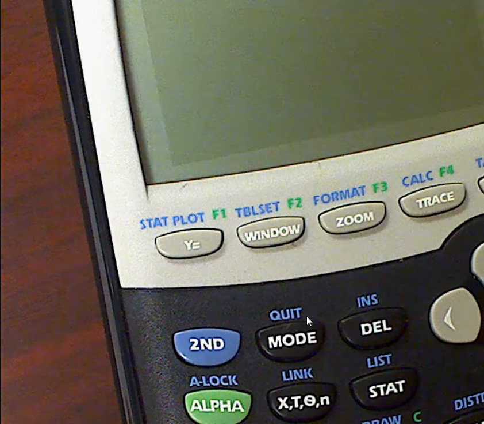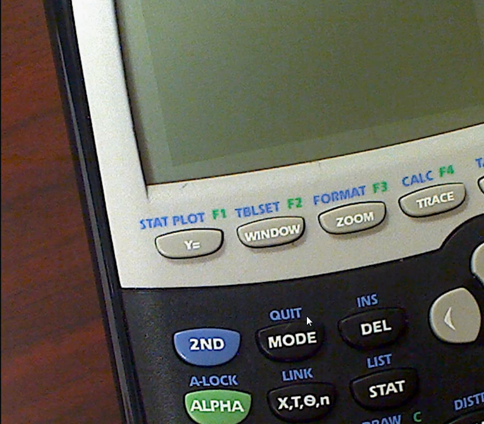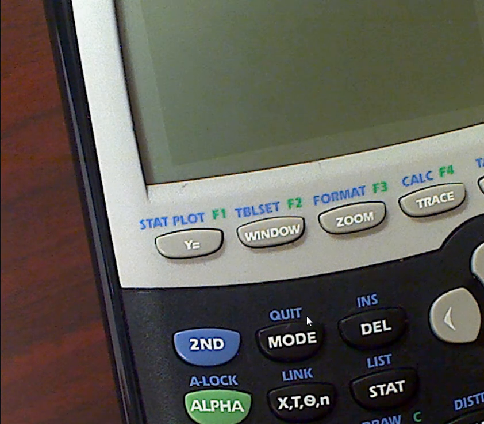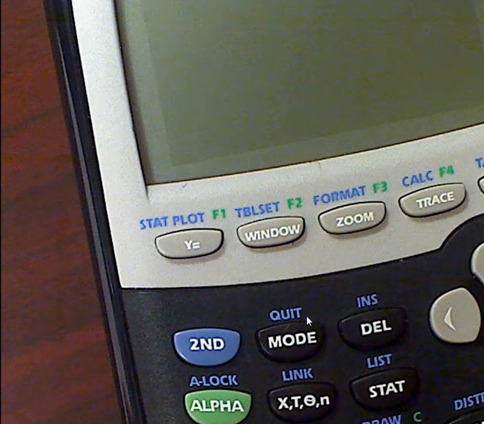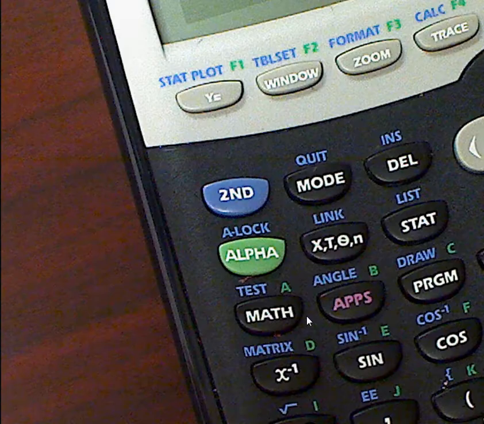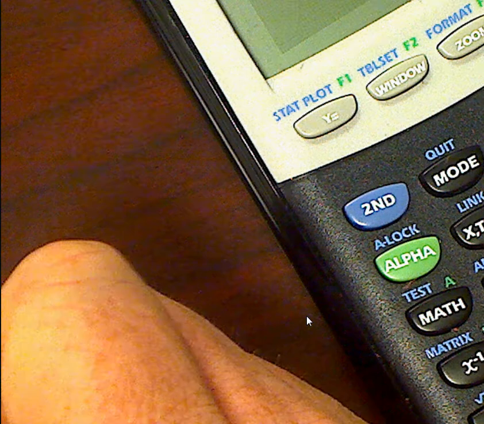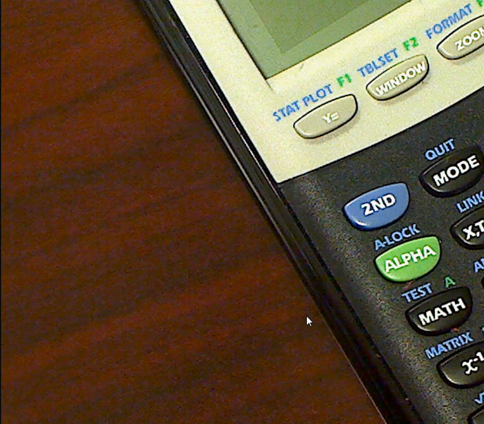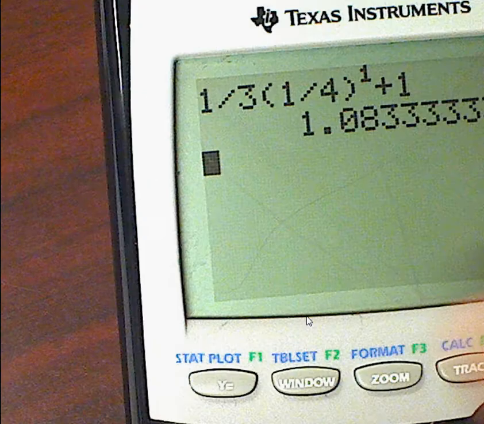So I got 1 divided by 3, parenthesis, 1 divided by 4 raised to the 1 plus 1. That's 1.08. If I plug in 2, let's see what happens.